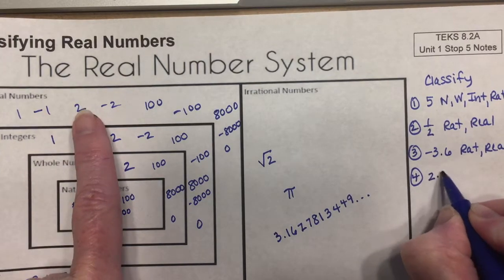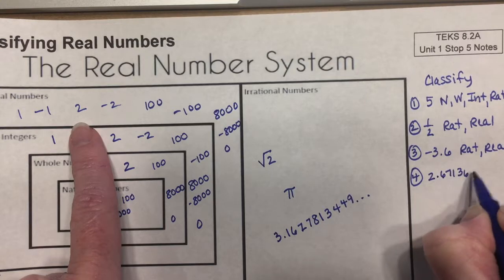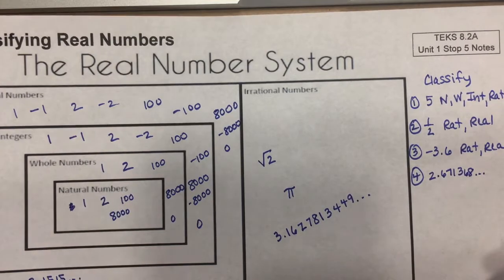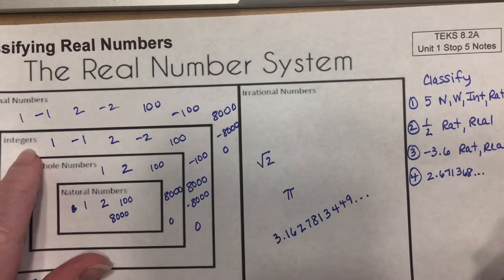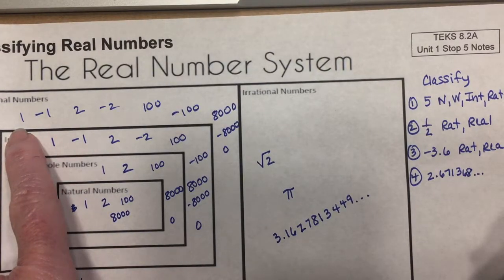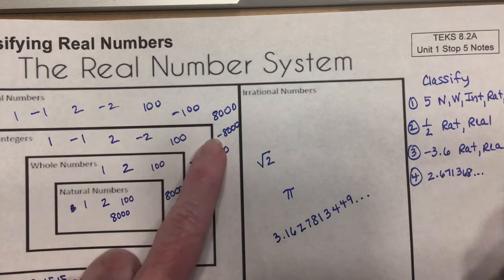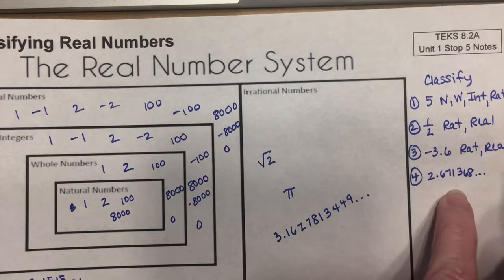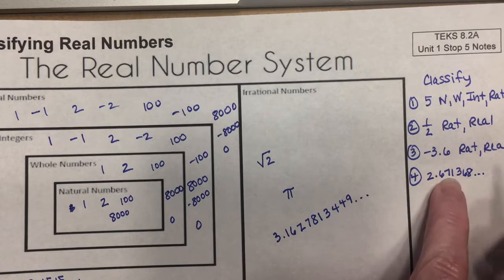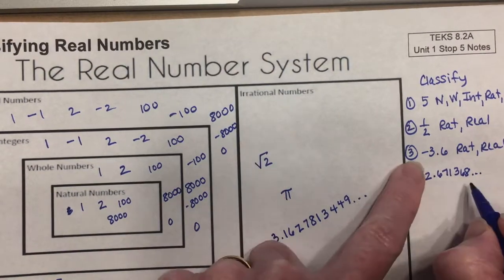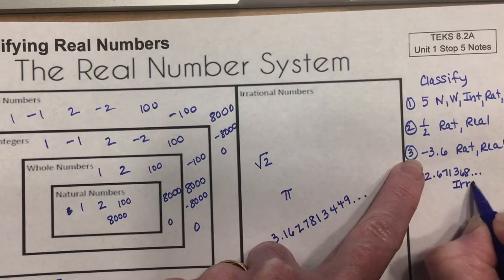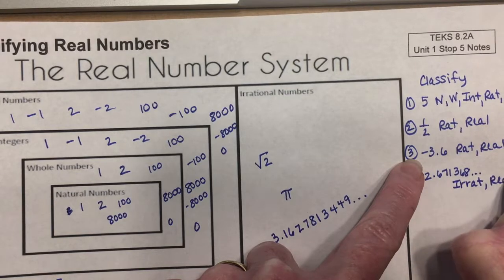What if you have 2.671368, dot, dot, dot? Okay, so a decimal means it can't be any of the natural, whole, or integers. The rational numbers have decimals, but they're decimals that stop and decimals that repeat. This one isn't stopping and it's not repeating. This goes over here. It's irrational, but it's still real.